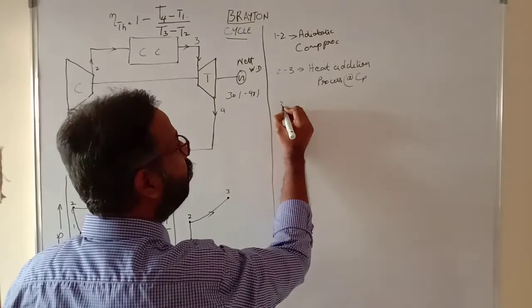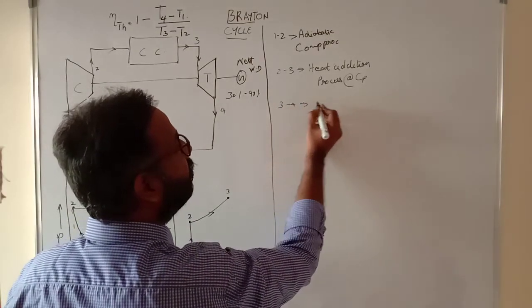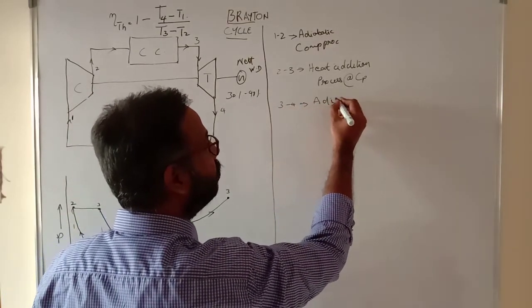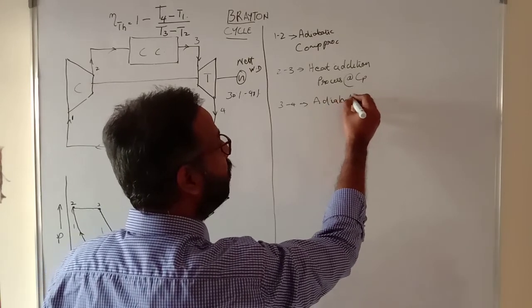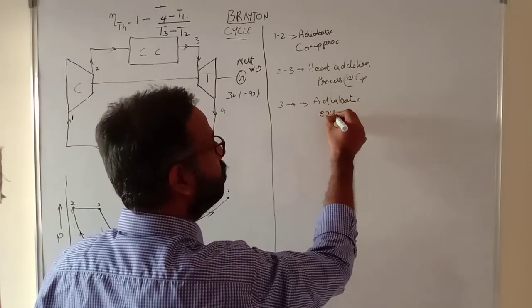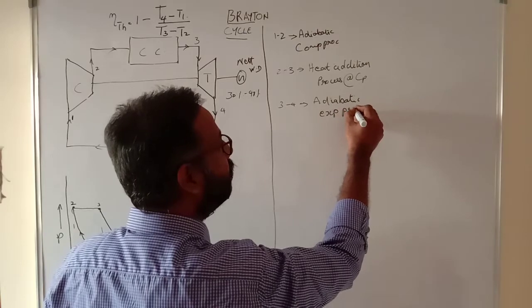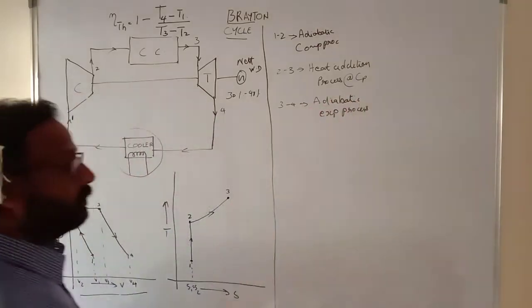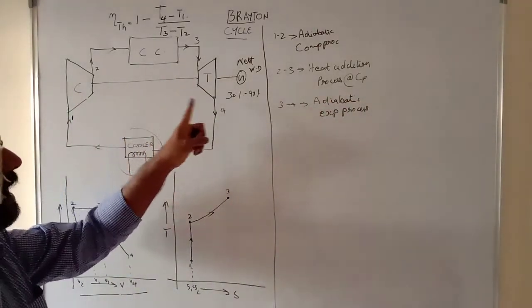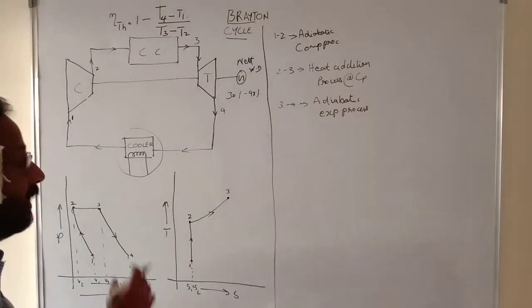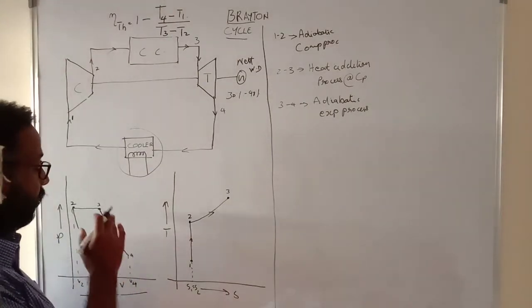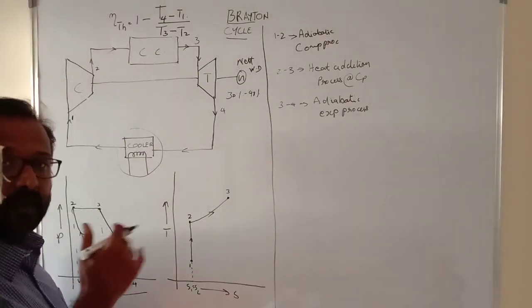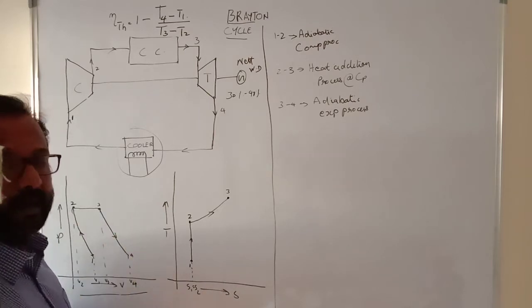So from 3 to 4, you can see that it is an adiabatic expansion process. Adiabatic, as I told you, does not allow any heat rejection or heat to be taken.